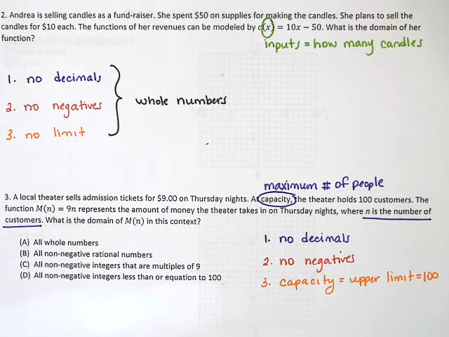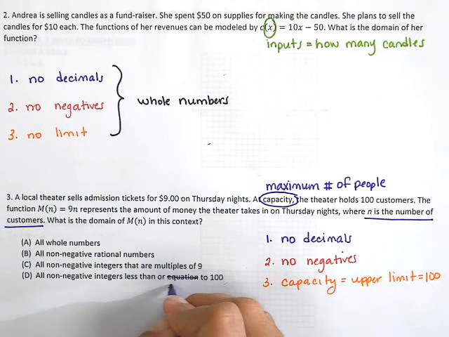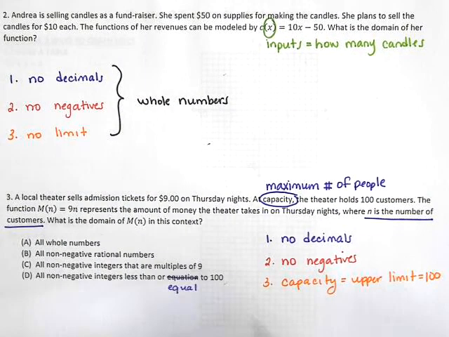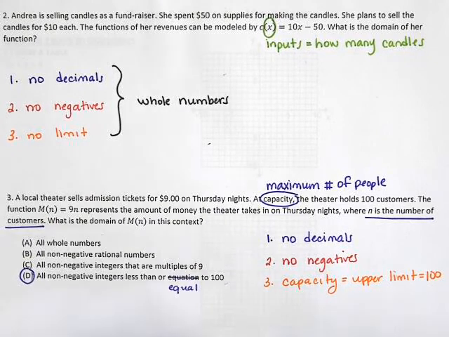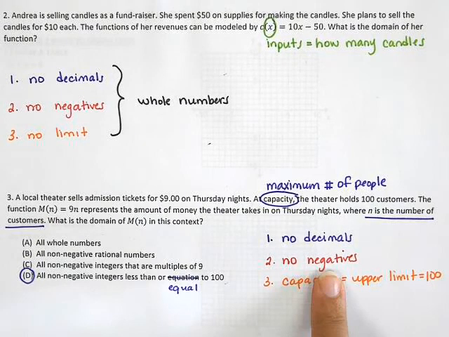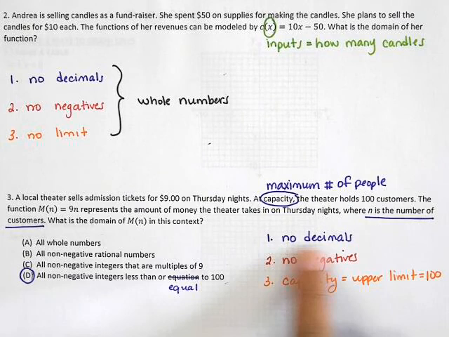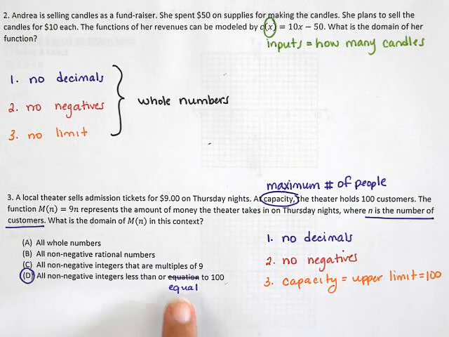I definitely don't have to sell tickets in groups of 9, so I'm not going to choose that one. All non-negative integers less than or equal to 100? Well, that seems to make sense. Non-negative, so no negatives, integers, so no decimals, less than or equal to 100.